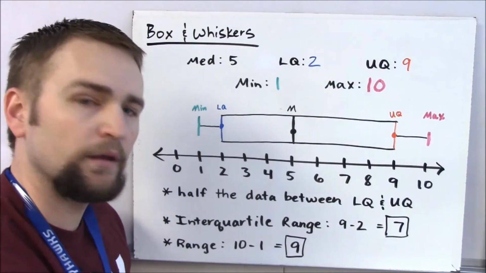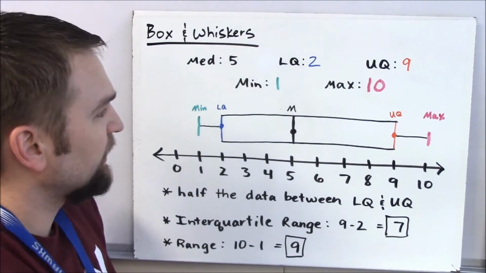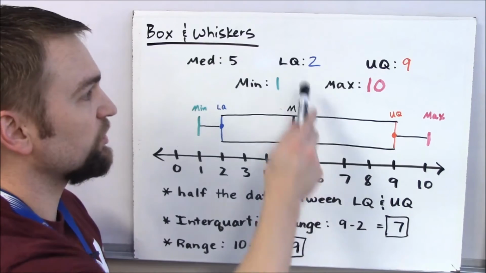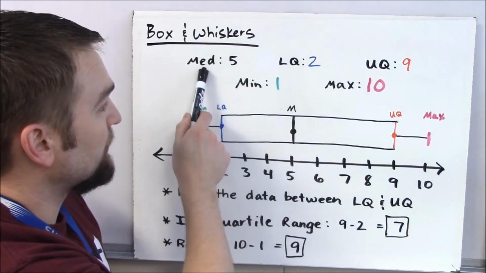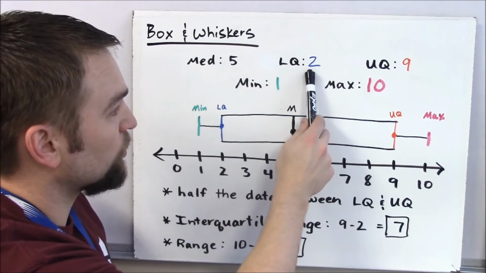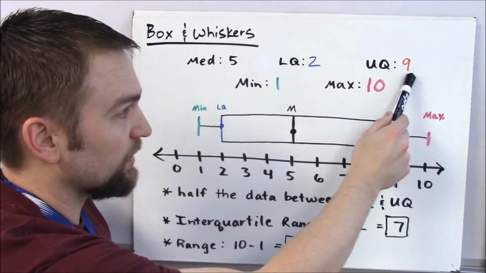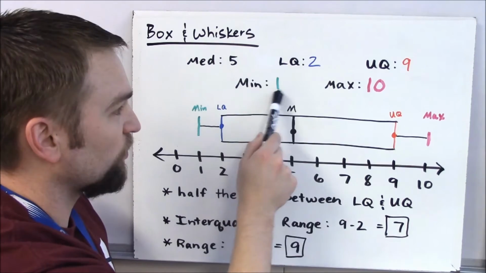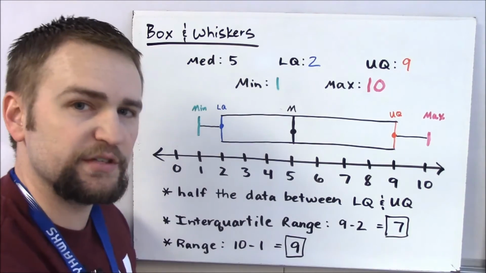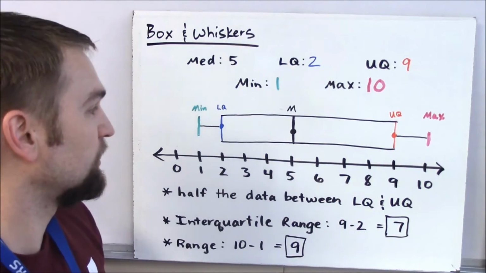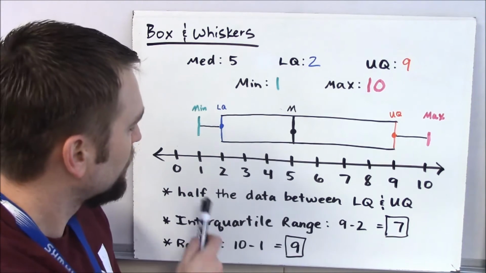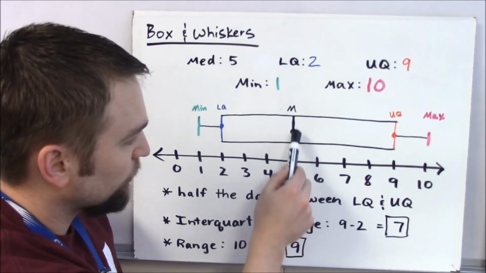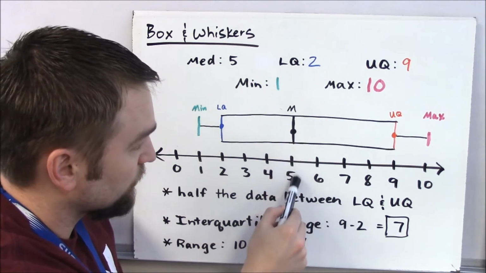I went ahead and wrote down the same information as what we just did. The median is 5, the lower quartile was 2, the upper quartile was 9, the minimum was 1, the maximum was 10. Let's see how that translates to a graph, in this case, the box and whiskers plot. Our median, we can put a little dot at 5.